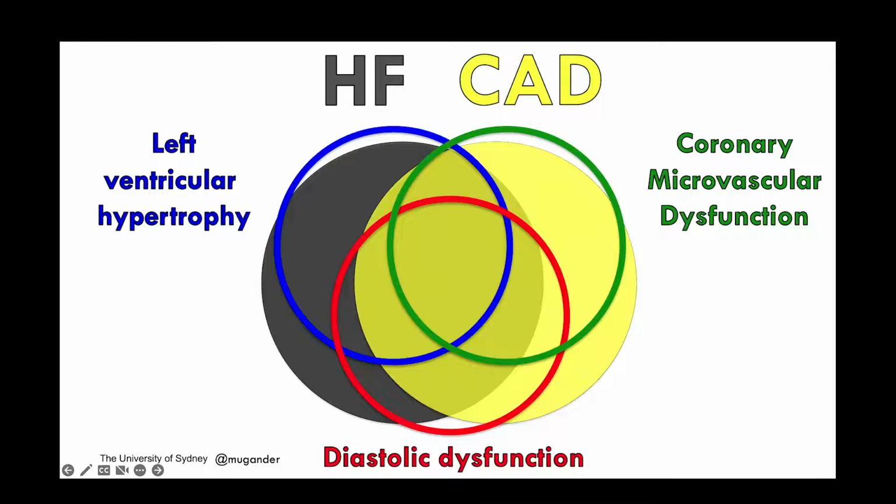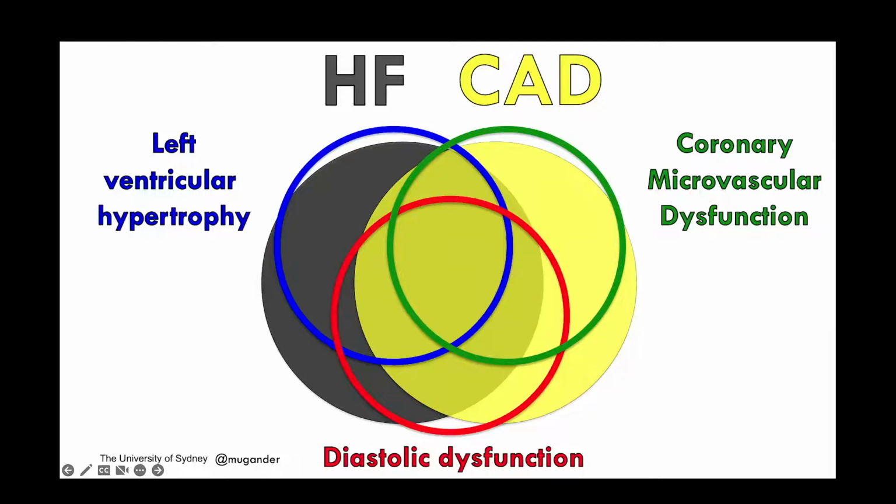Now, this is, of course, a schematic slide, and I wouldn't go as far as to say that these are proportional to any kind of quantification, but the principle is there that we have a large overlap of LVH, diastolic dysfunction, and microvascular dysfunction in both the heart failure and coronary disease cohort.